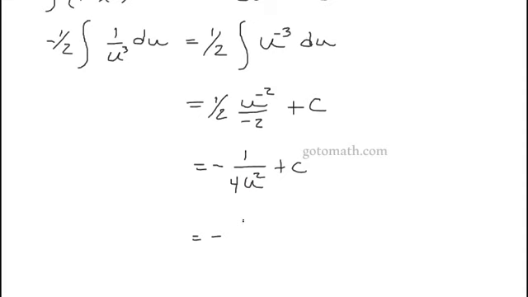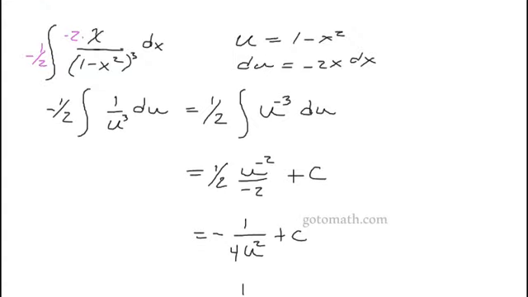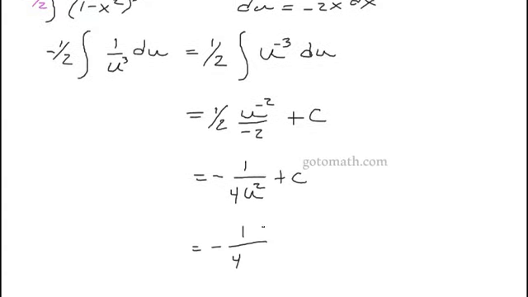And now we can go back and do our back substitution. And remember, our u is equal to 1 minus x squared. So we have 1 minus x squared, and the whole thing is squared. I know this is not very neat, but hang in there.